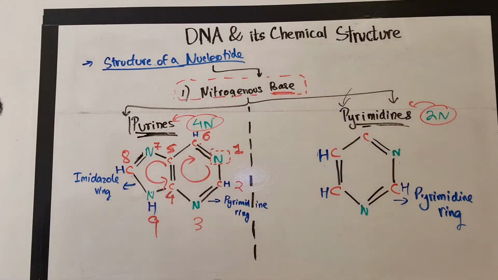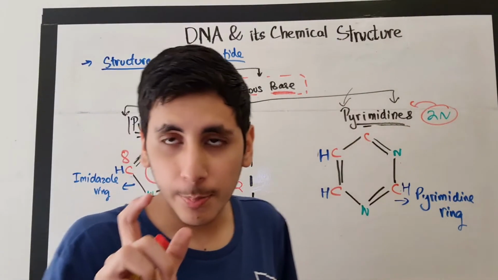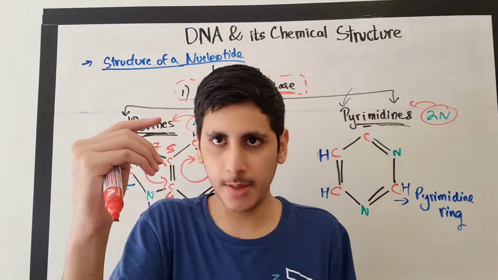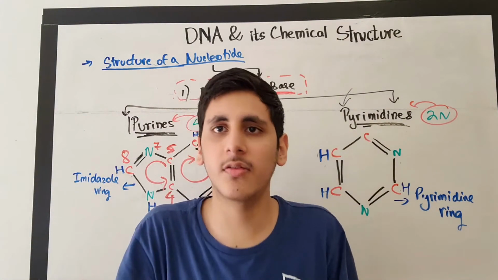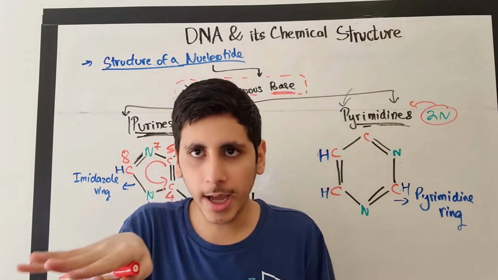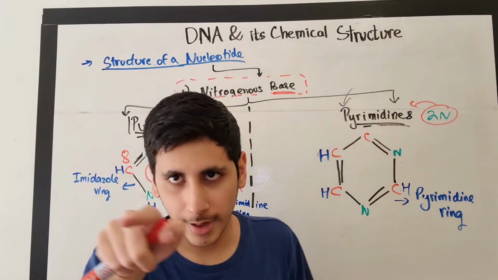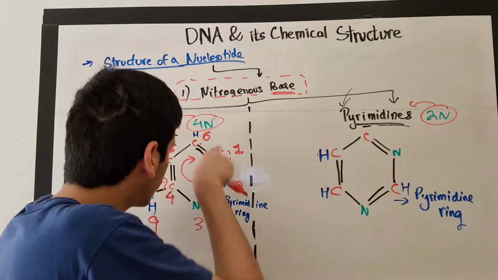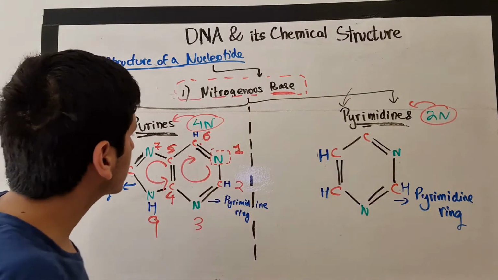Just to recap, the first step is to identify the pyrimidine ring, then identify the nitrogen atom in the upper half, the top one over here, and start numbering clockwise. You end up at the top at the 6th one.